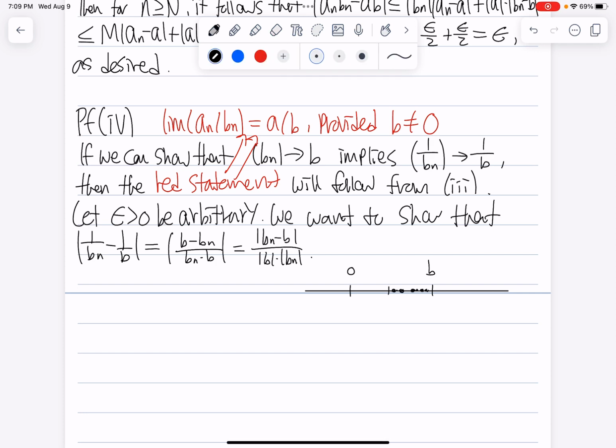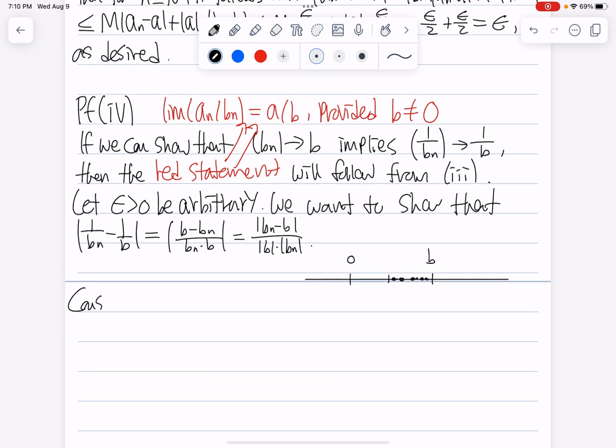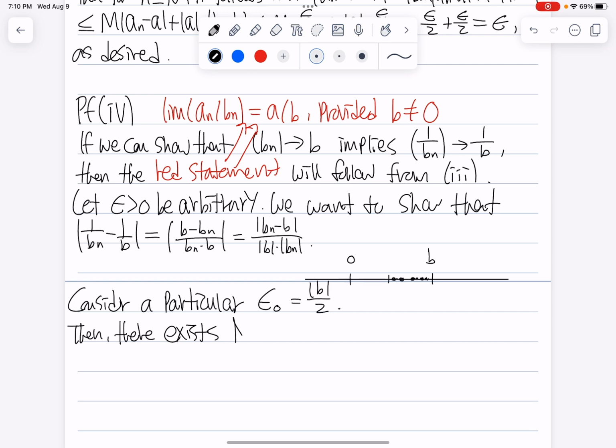So we want all the terms that are further out here. So the trick is this. Consider a particular epsilon naught equal to the absolute value of b divided by 2. Then there exists a big N1 in the natural numbers such that small n greater than or equal to big N1 implies that |bn minus b| is less than the absolute value of b over 2.